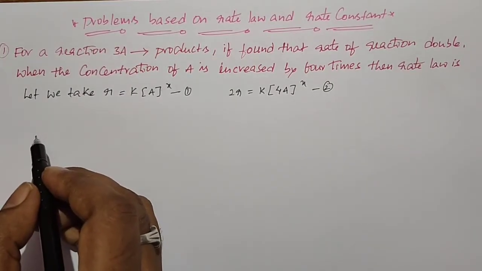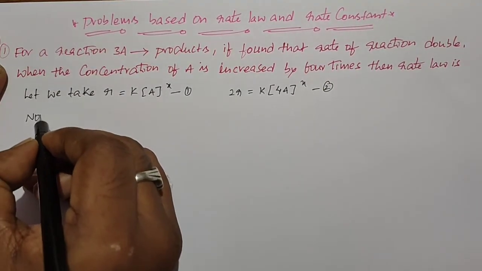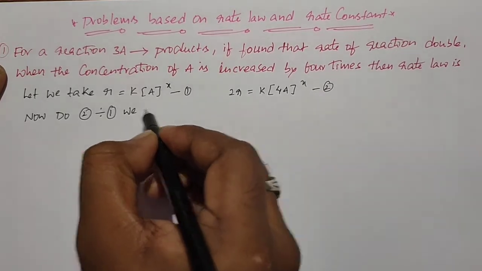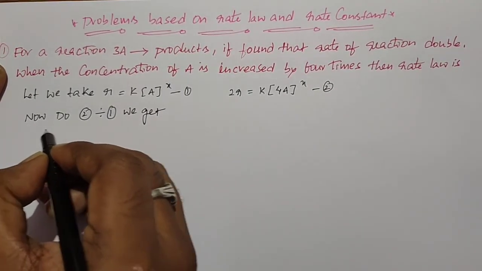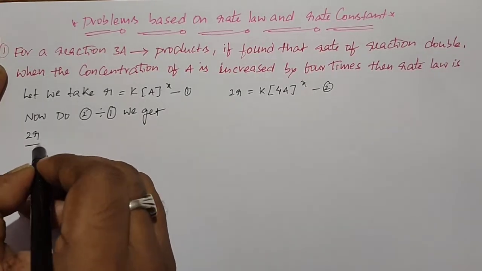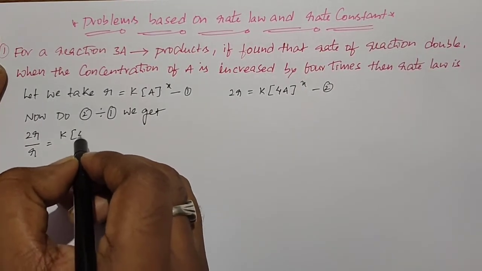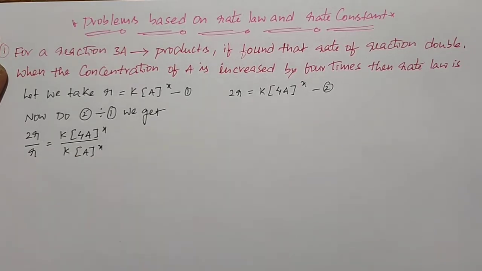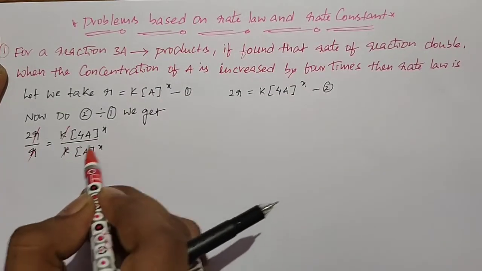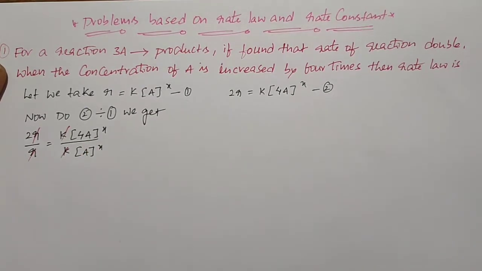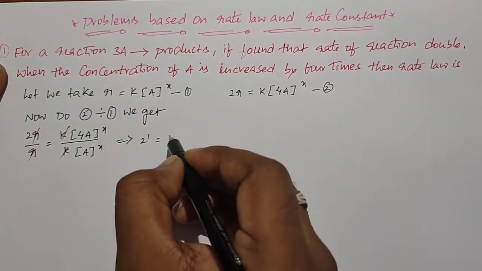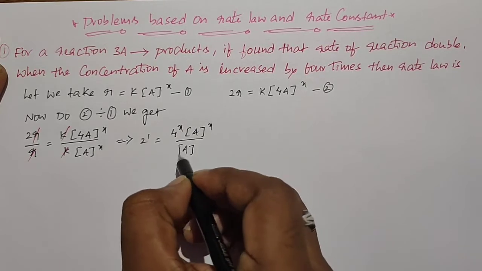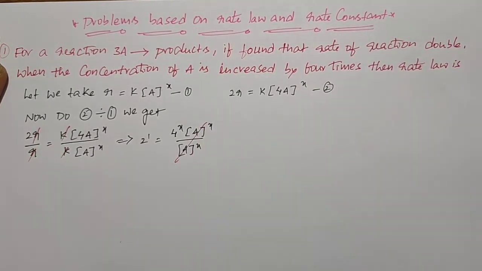Now just do 2 by 1. We get 2R by R is equal to K into 4A whole power X by K into concentration of A power X. Now R will be cancelled, K and K will be cancelled. 4A power X, you can write like 4 power X into A power X by A power X. So A power X will be cancelled.